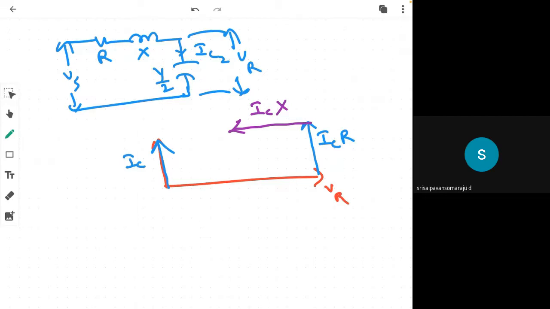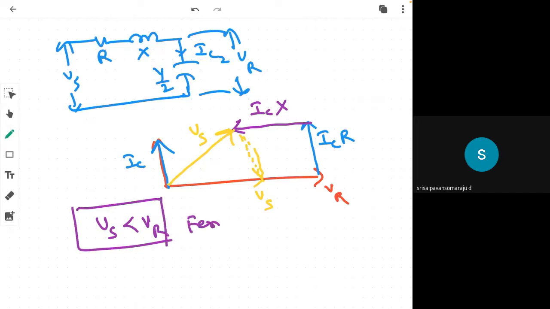If you mark the arc here, this is the Vs. Therefore, Vs is less than VR. This is called the Ferranti effect.